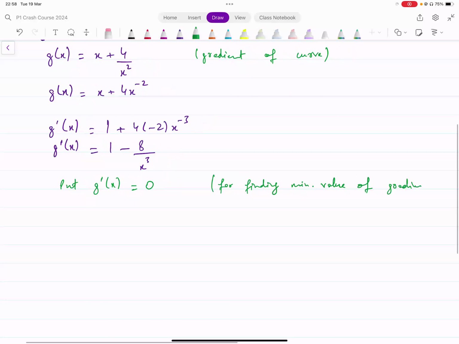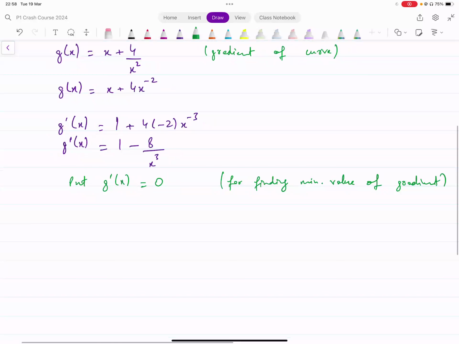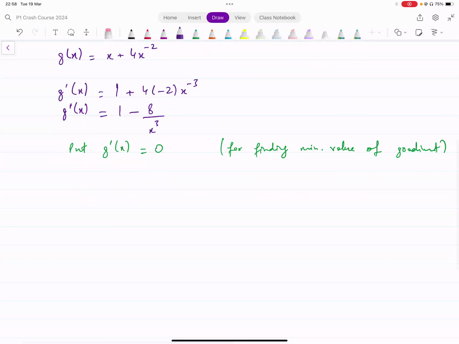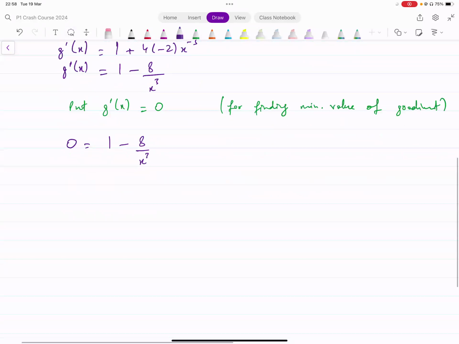That is why we put this derivative equal to 0. Now, when we do that, what do we get? 1 minus 8 over x cubed equals 0. We can write this as 8 over x cubed equal to 1. 8 equals x cubed, and the value of x turns out to be 2.